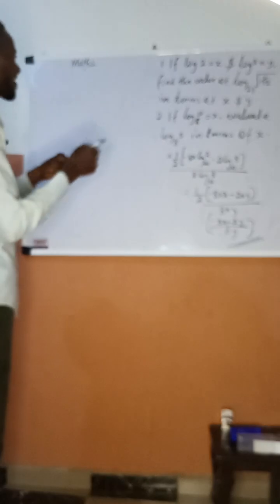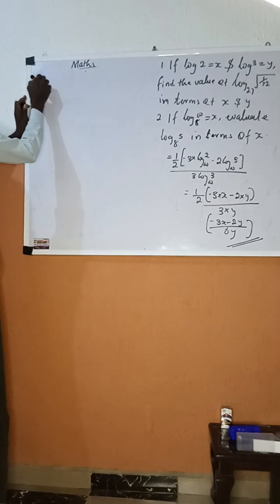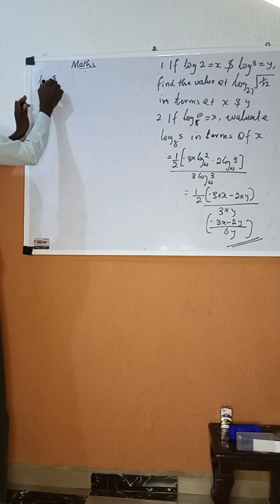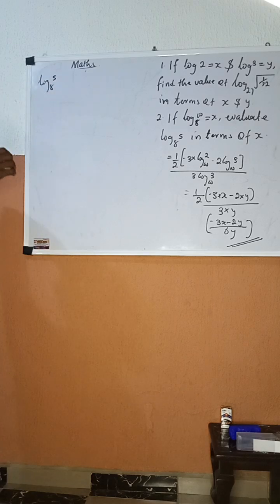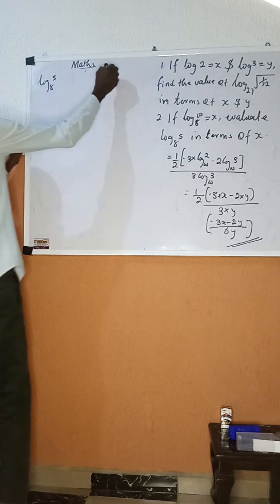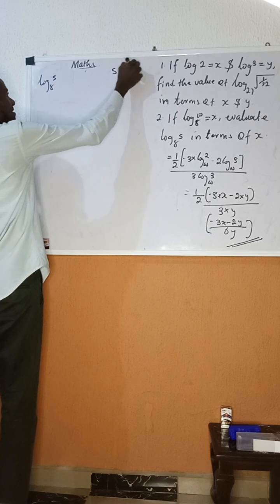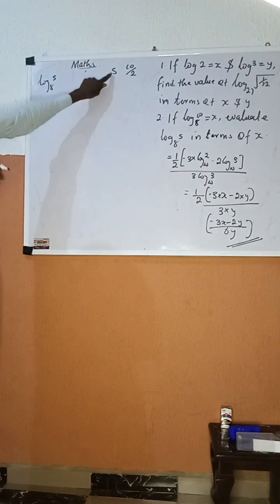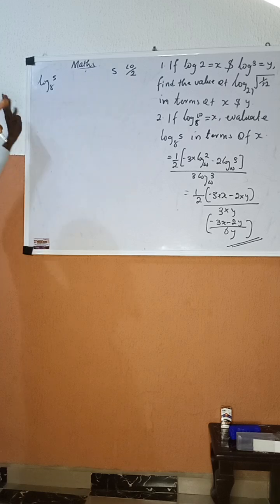And I'll first of all write this one: the question we are given is log of 5 base 8. And of course, you know that there's no difference between 5 and 10 all over 2. So I can decide to use in place of 5, 10 all over 2, and still retain the same problem.